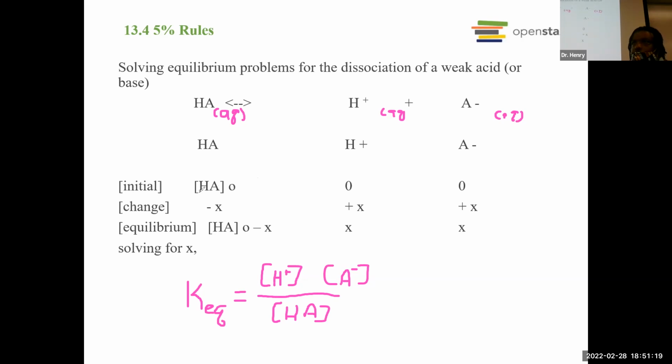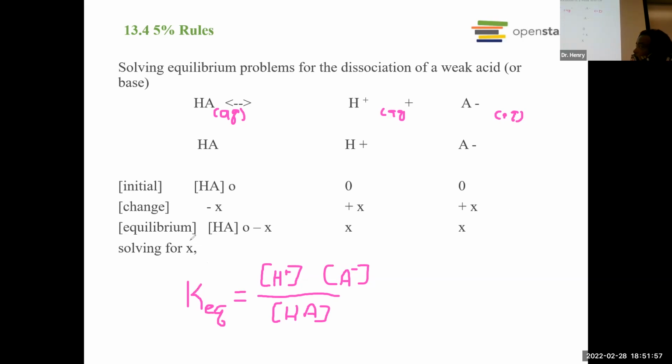So for every 1 mole that we lose of our acid, we're going to gain 1 hydrogen ion, and we're also going to gain 1 conjugate base. Okay. And that's because literally we have things that are together, and we're splitting in half. So we get 1 of this and 1 of that. So that's the reason why we're able to get 1 to 1, right? So for every X loss, we're going to gain X in terms of our product.